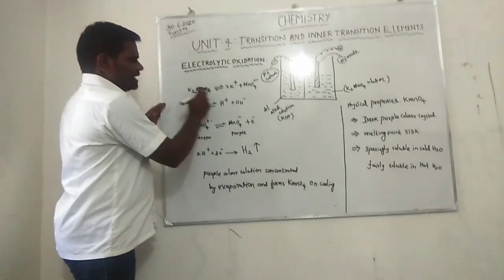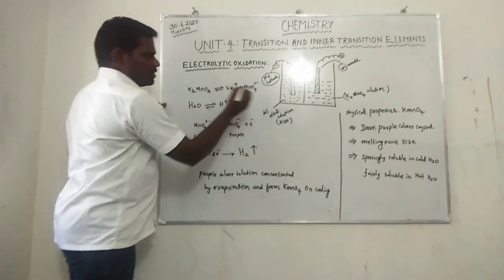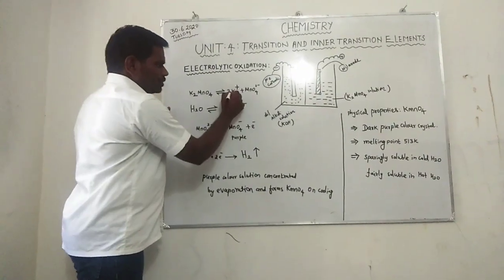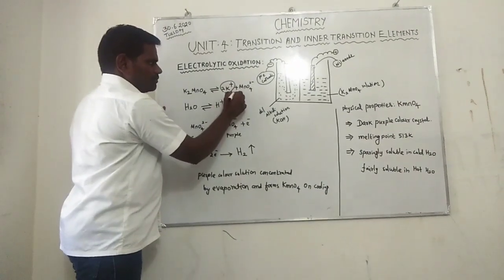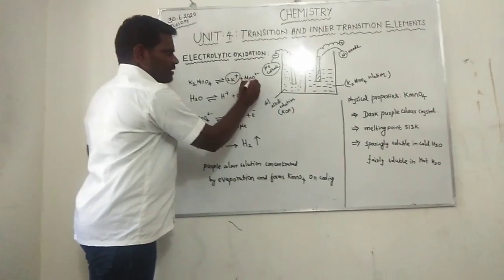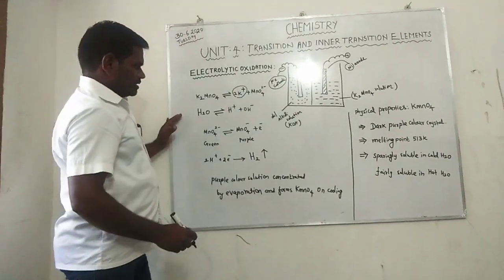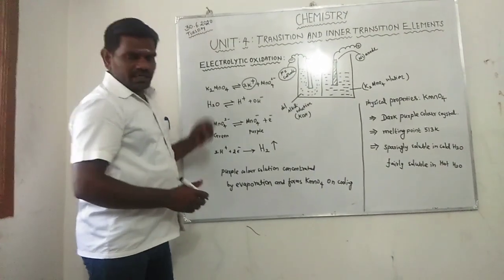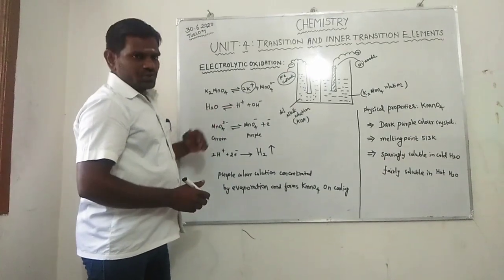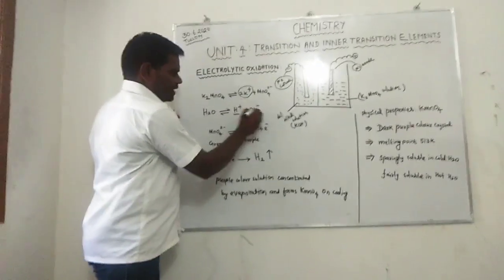The potassium manganate undergoes electrolytic reaction to give potassium cations and manganate ions, which are green in color. Water undergoes hydrolysis or electrolysis, giving H plus and OH minus ions.